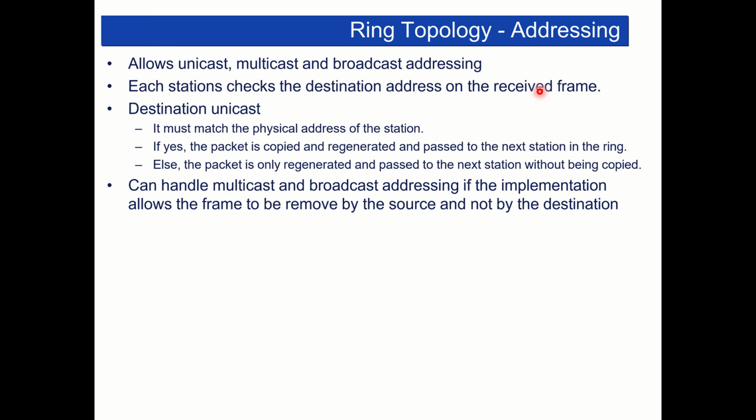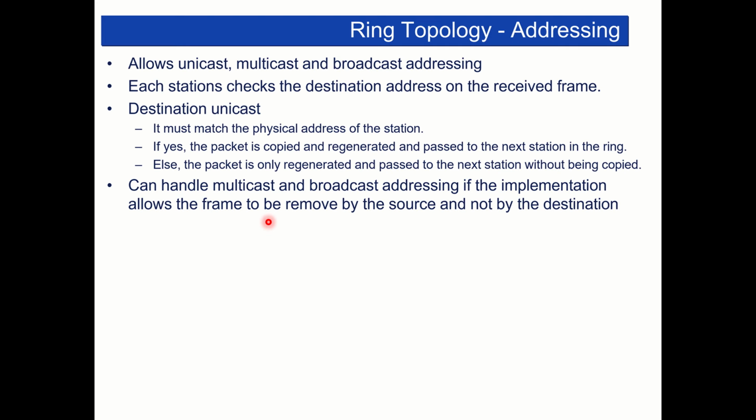For the addressing method, similar to bus topology, ring topology allows unicast, multicast, and broadcast addressing. Each station checks the destination address on the received frame, and for unicast addressing, it must match the physical address of the station. If yes, the packet is copied, regenerated, and passed to the next station in the ring. Otherwise, the packet is only regenerated and passed to the next station without being copied.